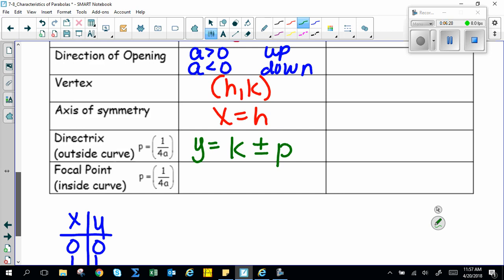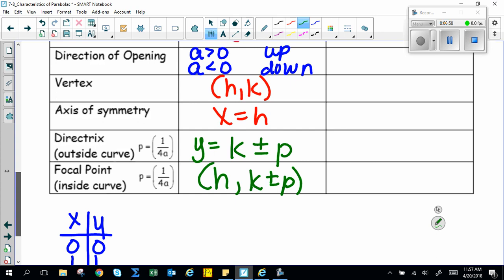Then to find the focal point, it's h comma and then k plus or minus p. And if your directrix is plus p, your focal point will be minus p, and vice versa. Other than those last two pieces, that should be a review.